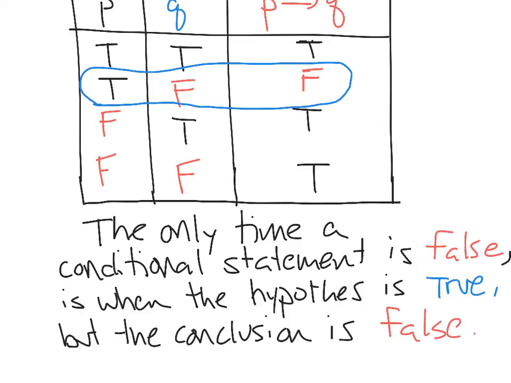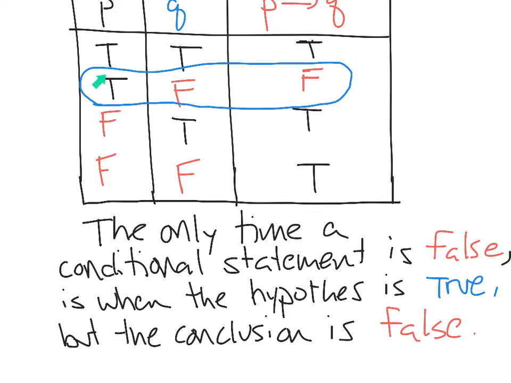So the only time this if-then statement turns out to be false, the whole if-then statement itself, not the two parts separately, but the whole statement all together, is if the hypothesis part is true, but the conclusion part turns out to be false.